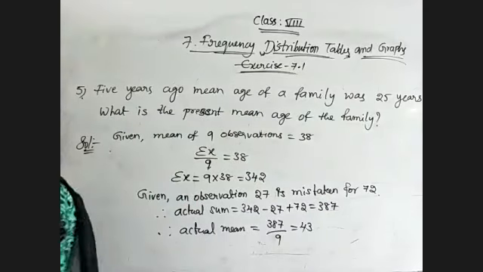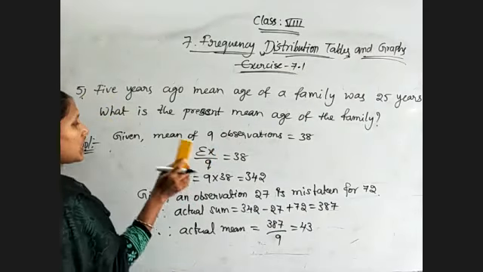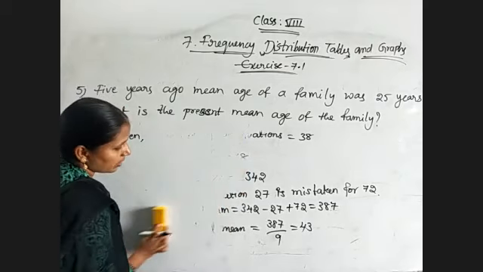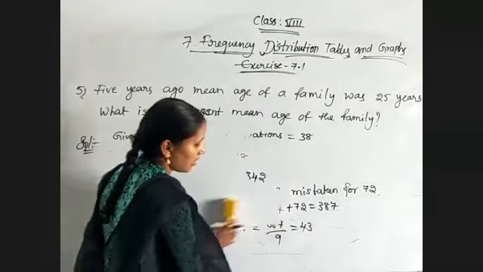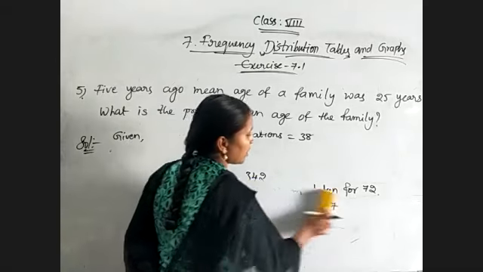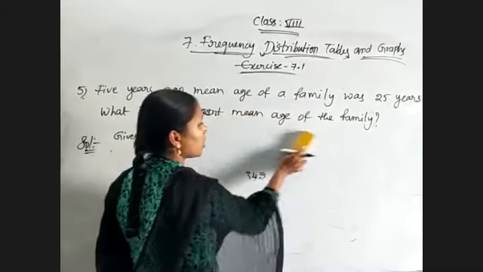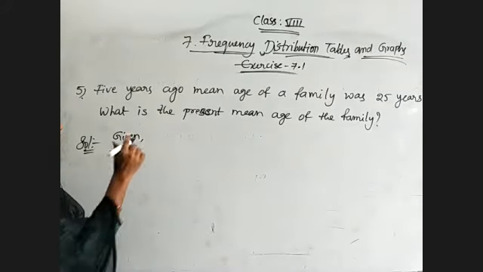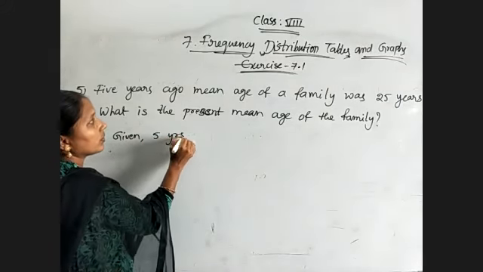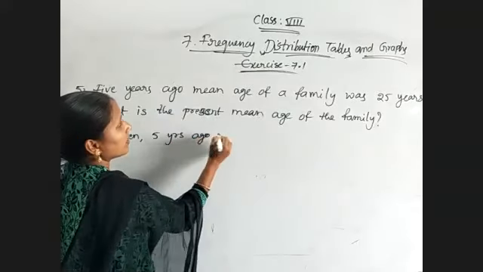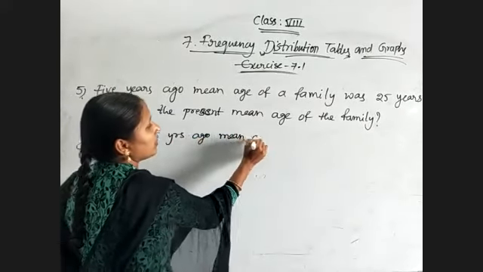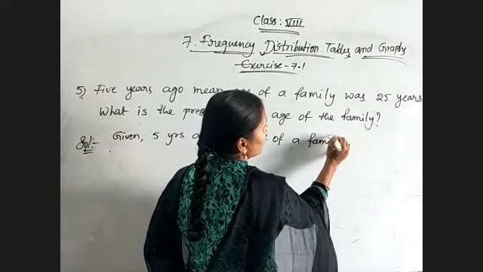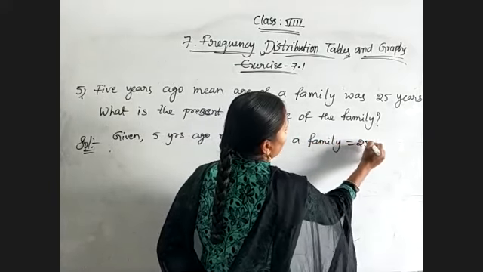Now observe that only the mean age is given, but how many people are there in that family, they did not mention. And again they are asking for the present mean age, but the mean age is given for 5 years ago. So given: 5 years ago, the mean age of the family is equal to 25 years.